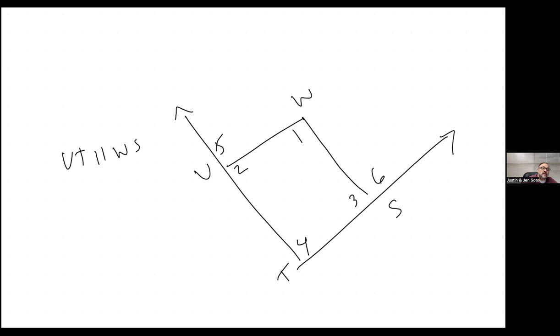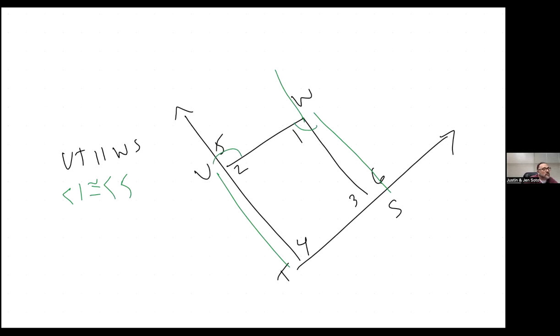So UT is parallel to WS. It wants us to prove that angle 1 is congruent to angle 5. So we have 1 and 5. You can kind of extend this out, right? So look, 1 and 5 are alternate interior angles cut by this transversal.